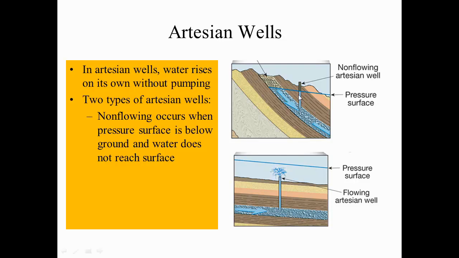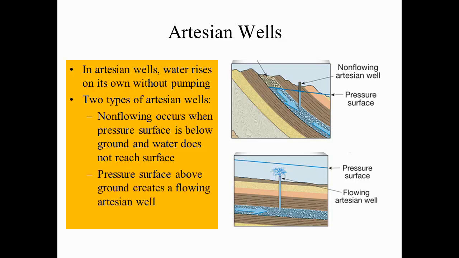Nearby, just to the right, we have a well that penetrates into that aquifer. However, notice that the water within that well only rises to the pressure surface and does not reach the surface of the ground, because the pressure surface here occurs below the land surface. So that upper diagram is an example of a non-flowing artesian well.